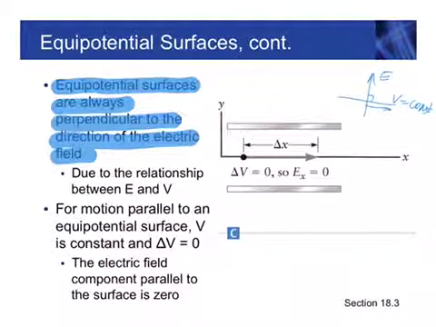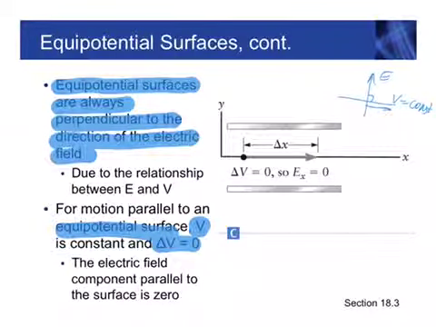So, another way, for the motion parallel to the equipotential surface where V is constant, this change in V is 0, there is no electric field component parallel to the surface.